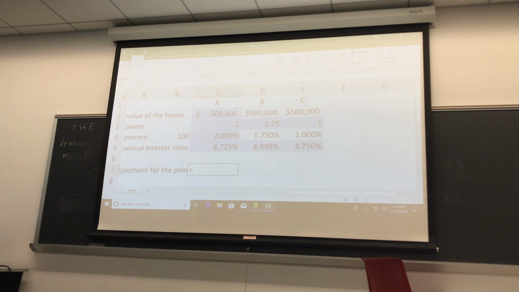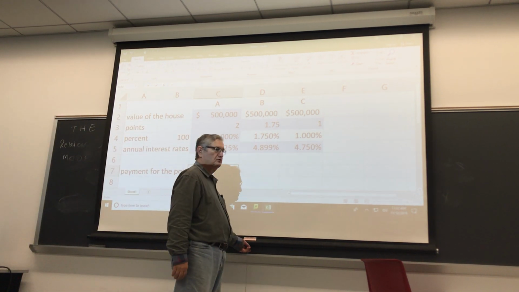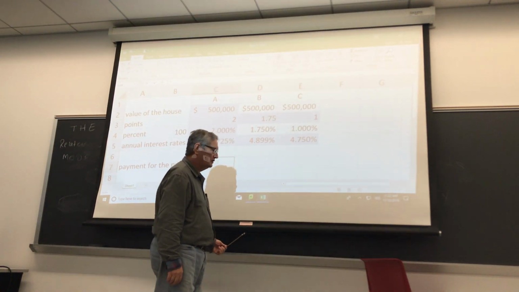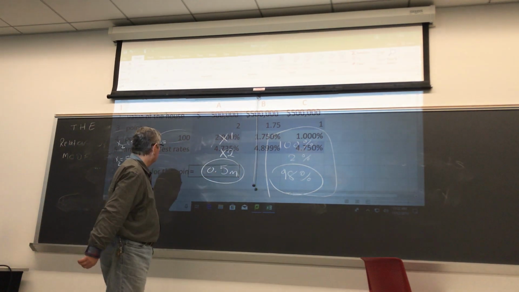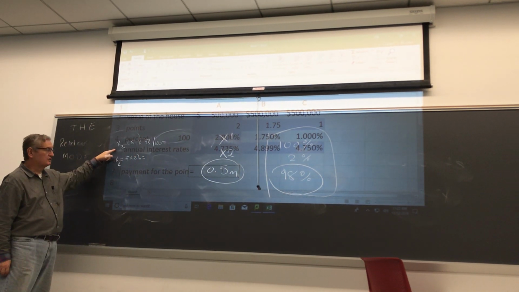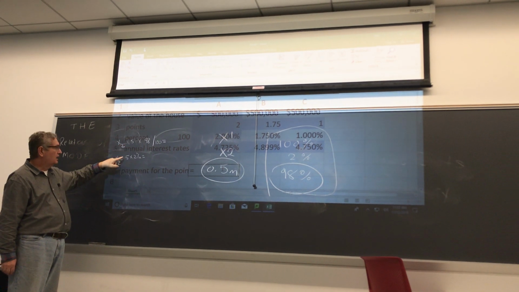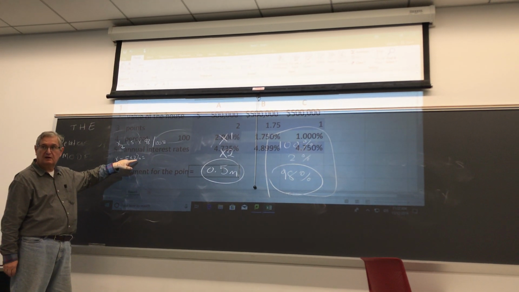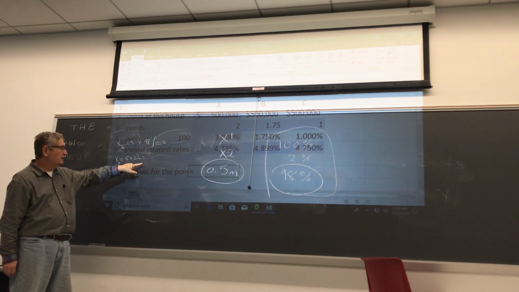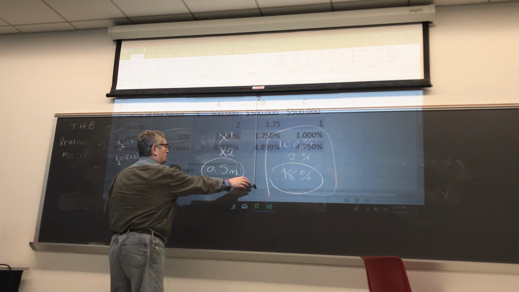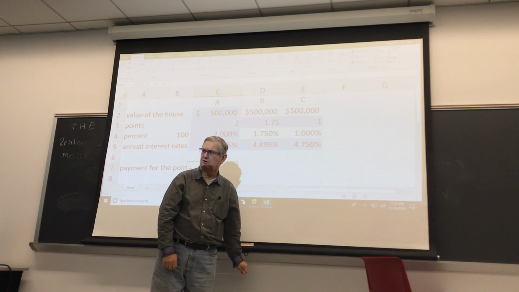So what do we need to have the payment for the points? And if I need to have the payment for the points, I take the value of the house, I multiply what is the points that I pay, and I divide it by the 100. Correct?